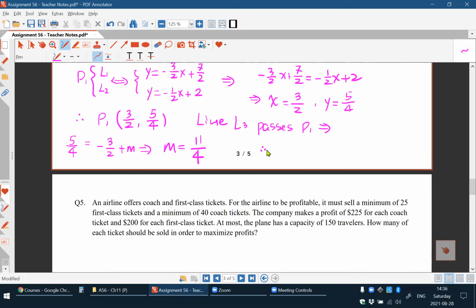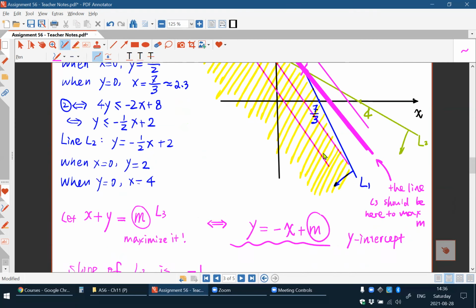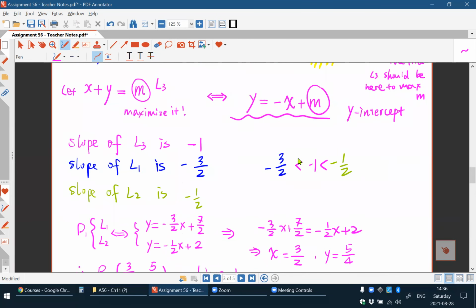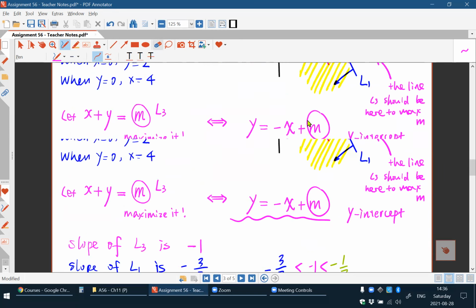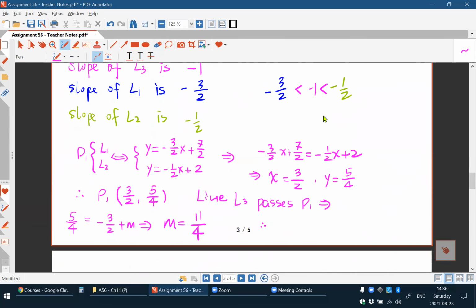Okay, so the conclusion is when x is 3/2, y is 5/4, the maximum of x plus y is 11/4, right?